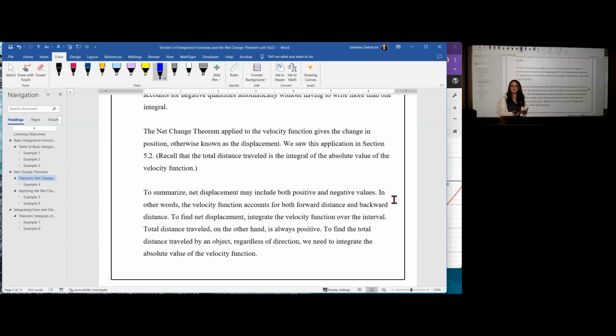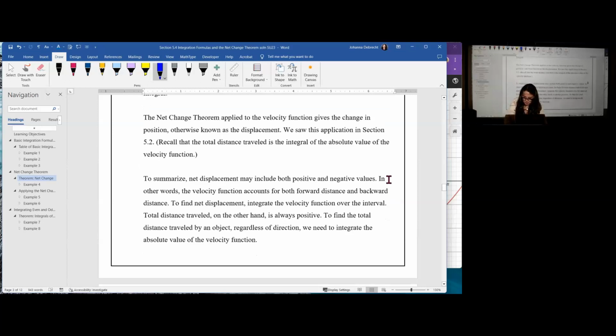The total distance is the definite integral of the absolute value of the velocity function. This gives us the change in position, if you will, since we can think of the velocity as the derivative of position. In that way, we can think of this as a net change in position.